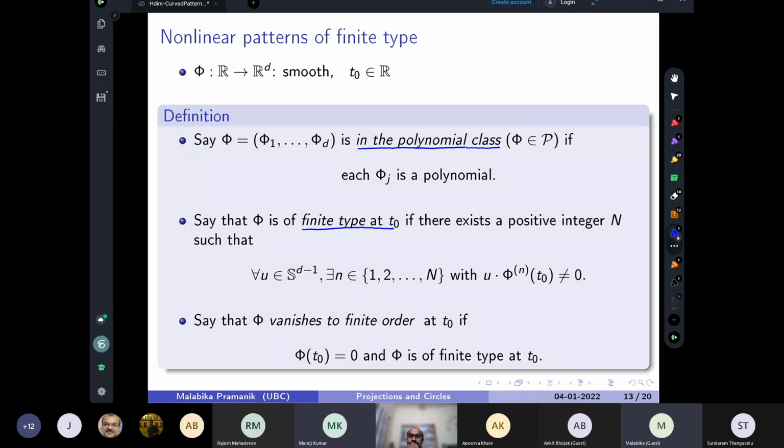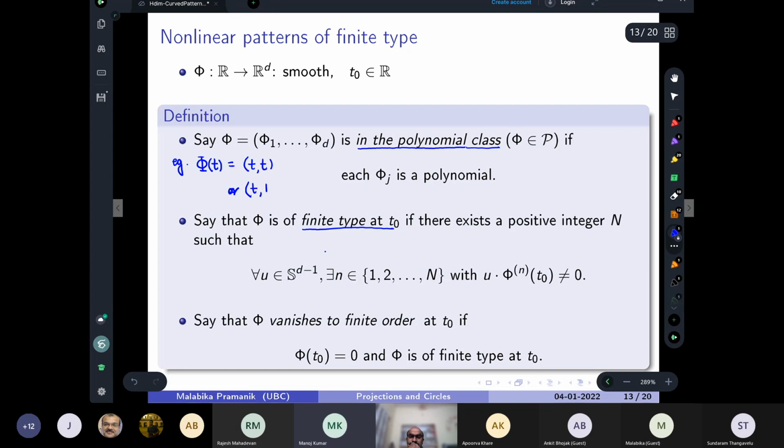So I'm going to maybe give you some examples. If you are looking at phi in the polynomial class, you can have phi of t equals, let's say, t comma t, or t comma t square, or t square, t cube plus t to the 4.